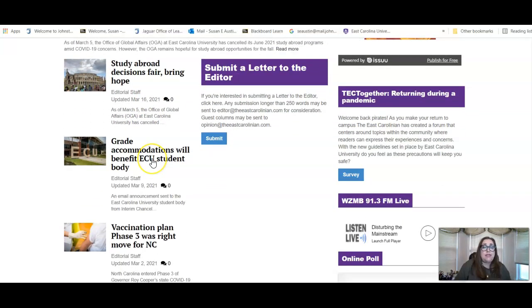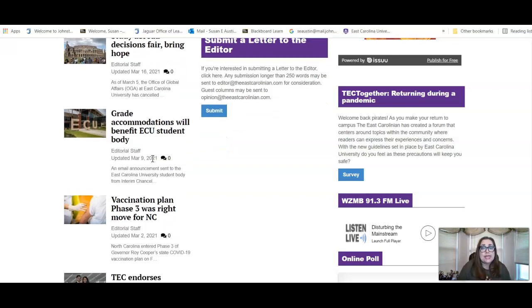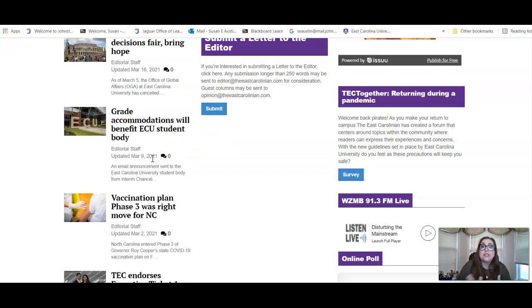One of the things you need to be aware of is opinion editorials are meant for regular citizens to write their opinions, and not so much the editorial staffs, because we have to look at them as the professionals who have established opinions, or maybe they're not supposed to have opinions at all because they're journalists.